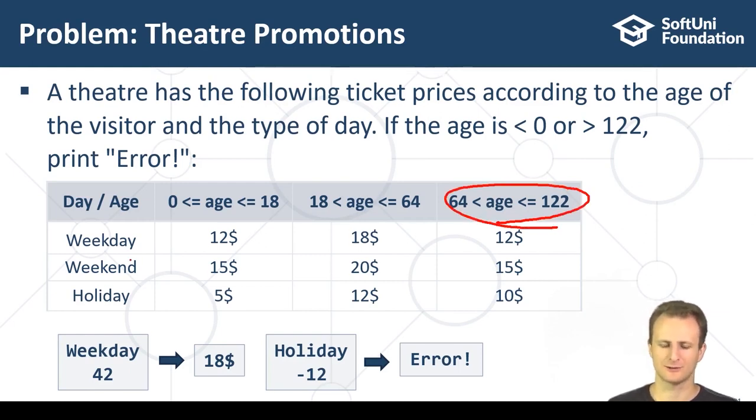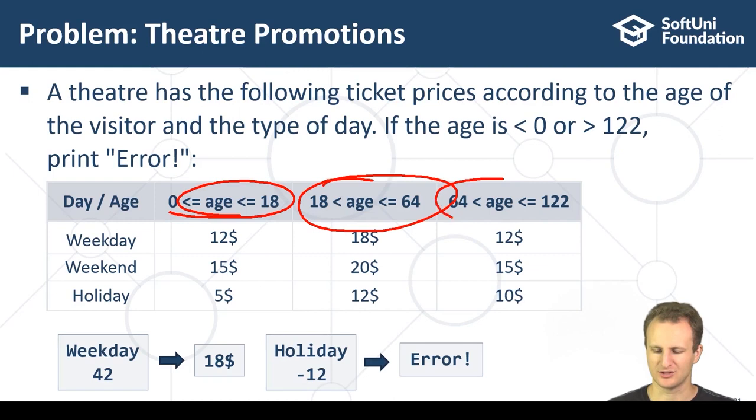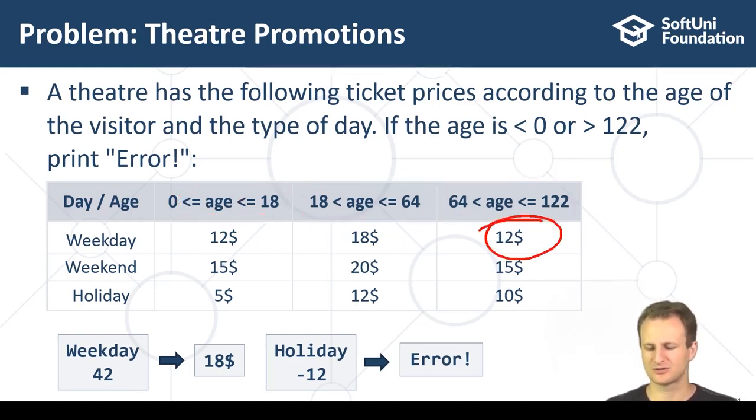Okay, so how does this look? Well, to me it looks like a switch case, in which the first case would be weekday, and then in that switch case I check the age for being in one of these ranges, and since I'm having ranges, what will I be using for the check? Well, I'd be using a conditional statement.